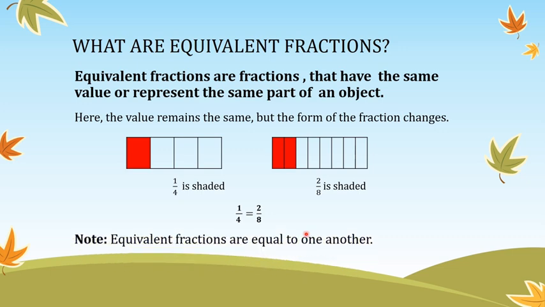Yes, equivalent fractions are equal to one another. And how are they equal? They have the same value, or they represent the same part of the object. Are we good till here?